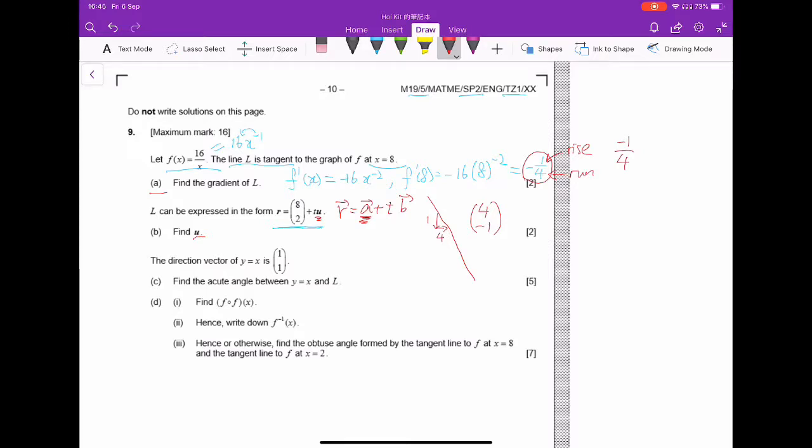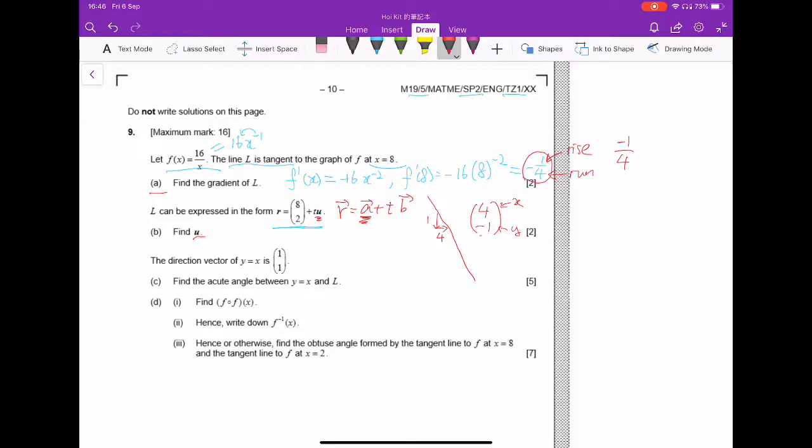right? Because as a vector, the top number is x and the bottom number is y. So the top number is telling you how many steps you should go in the x direction, while the second number is telling you how many units you should go in the y direction. So u could be (4, -1).